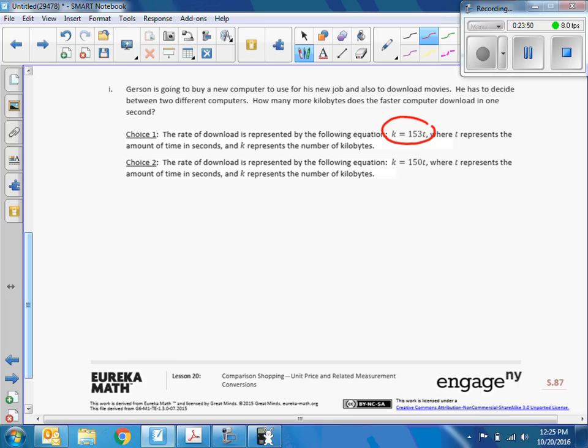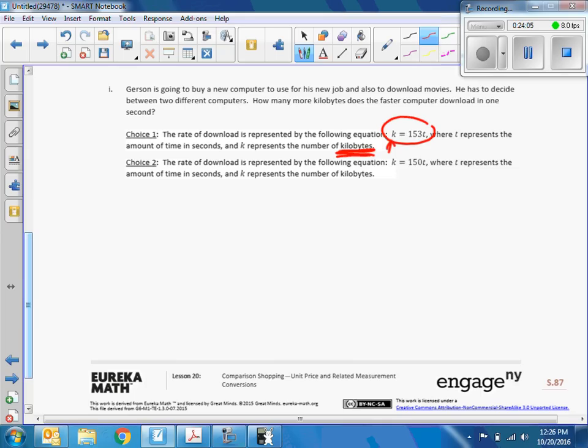Confusion point here for some of you, I bet. This K right here does not represent our k, which we represent as our rate. K in this case is kilobytes.